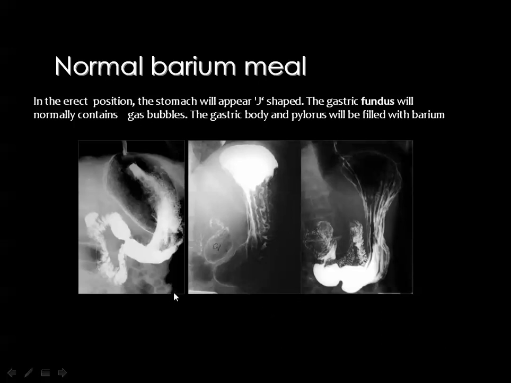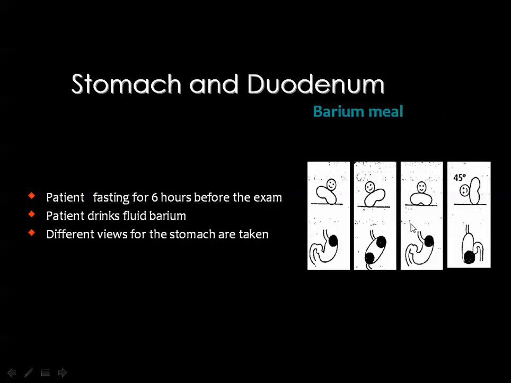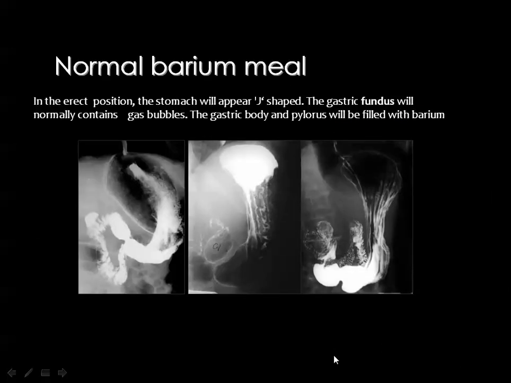Then we radiograph the stomach in different positions while the patient is lying on the supine position or elevating his left side or right side, or putting the patient into the lateral position, aiming at radiographing every part of the stomach, once filled with barium and another time filled with air.